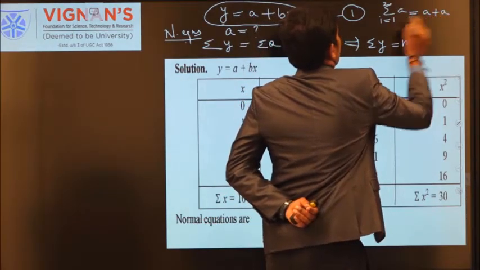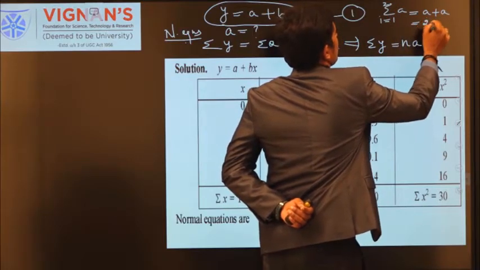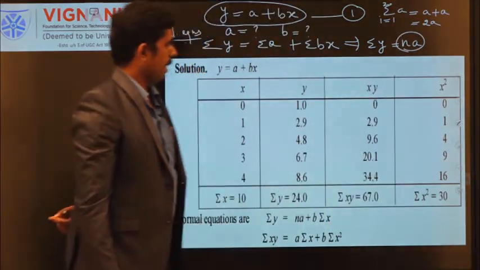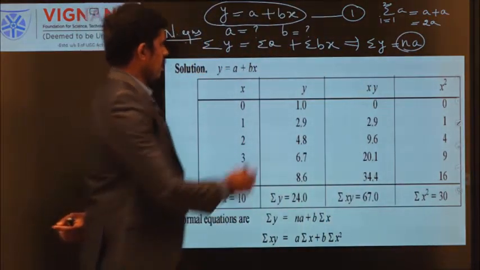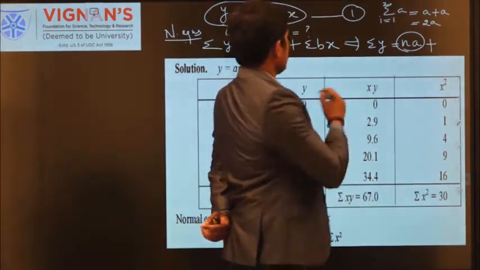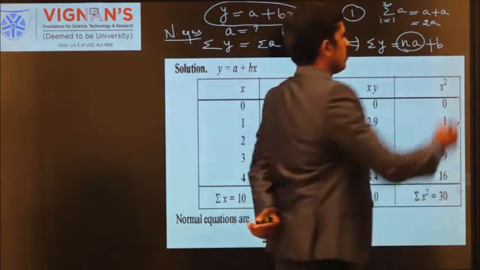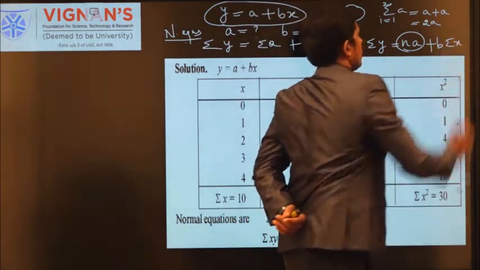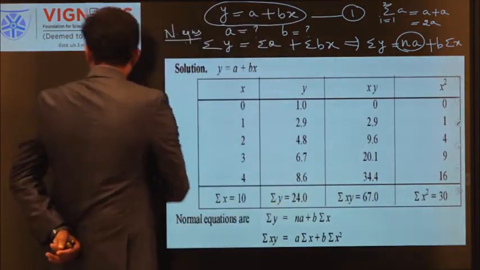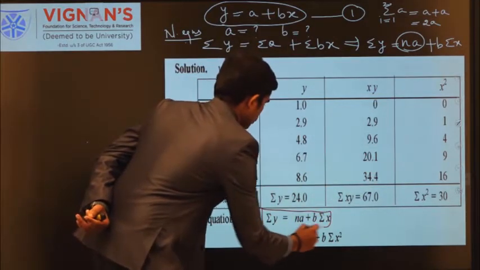When i equals 1, 1a, when i equals 2, 1a, so you will get 2a. So in general you can write na, plus you can take the constant out, then you will have b into summation x. That is your first normal equation.